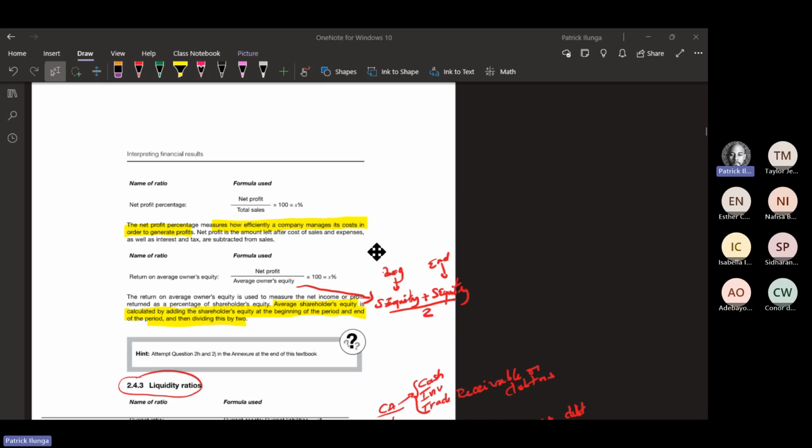Now you are taking into account how effectively a company manages its costs in order to generate actual profit after I have deducted all forms of costs, including the interest and the tax. Just thumbs up again. Is that clear?